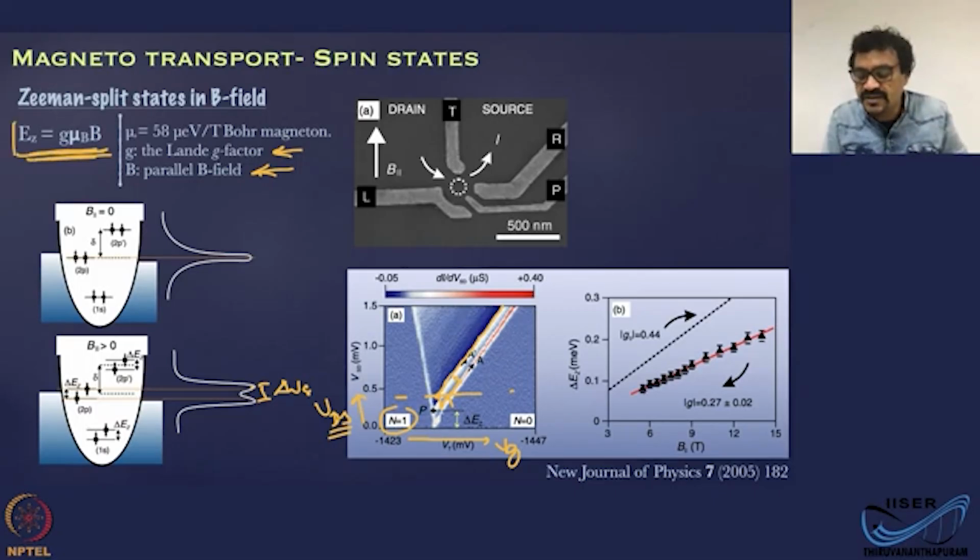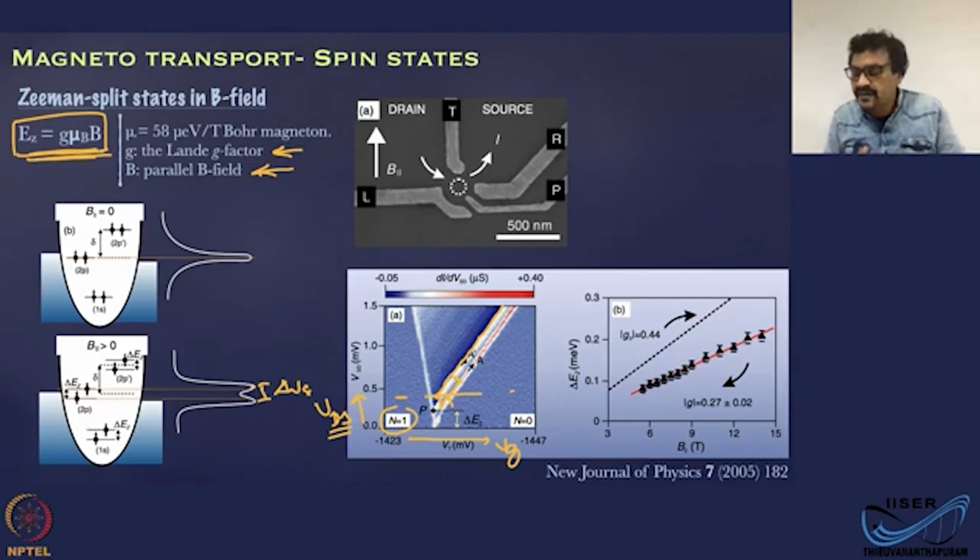Using this relation, you can calculate the g factor. You can also probe and understand the variation of the g factor because of the confinement, or because of other effects such as spin-orbit coupling. So you can probe all this just by using transport measurements on the quantum dot.